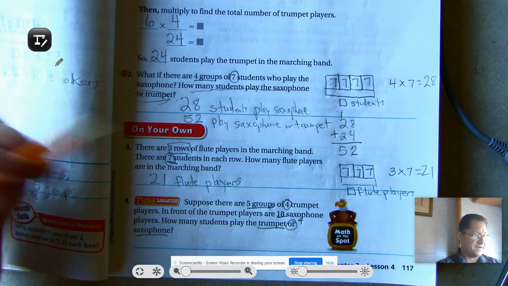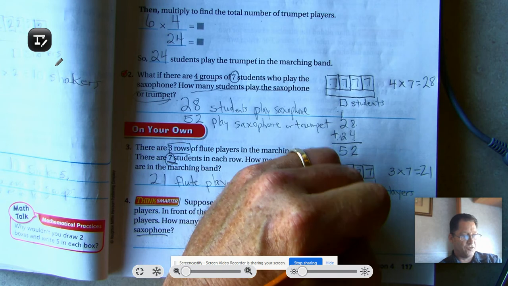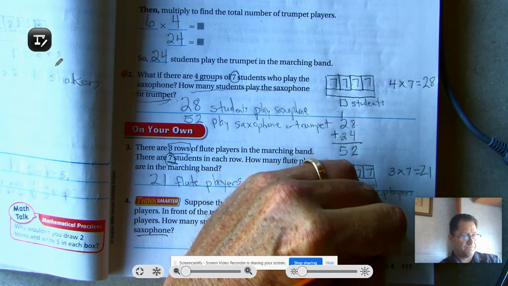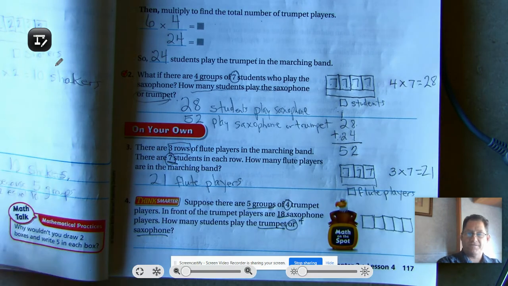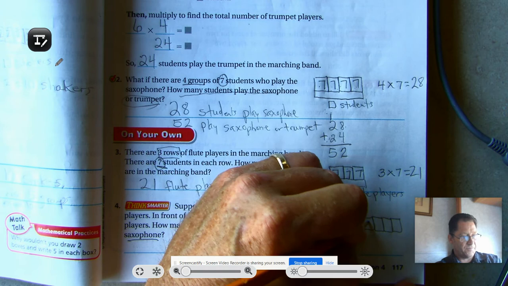So first I need to find out how many trumpet players I have. So we have 5 groups. So there's my 5 groups, and in every group there are 4 trumpet players.